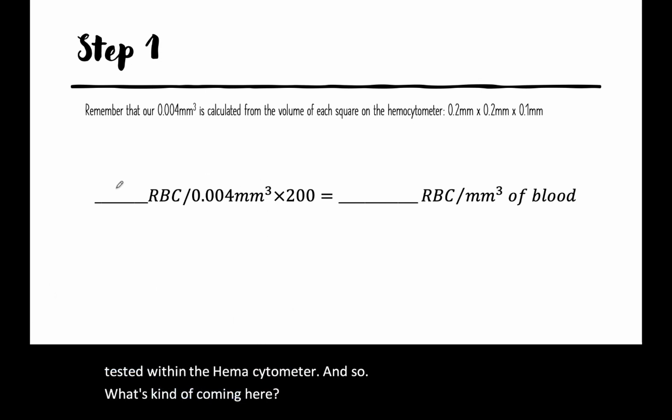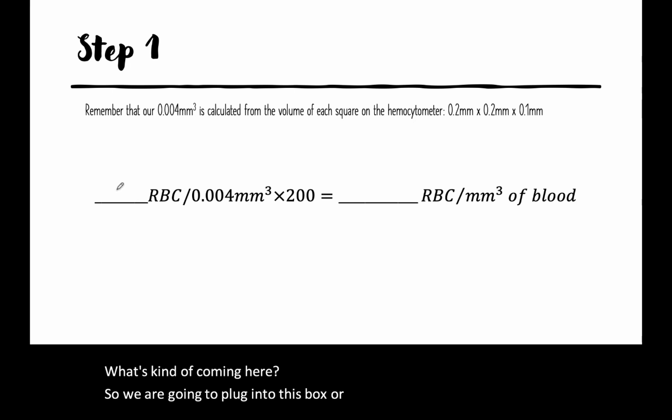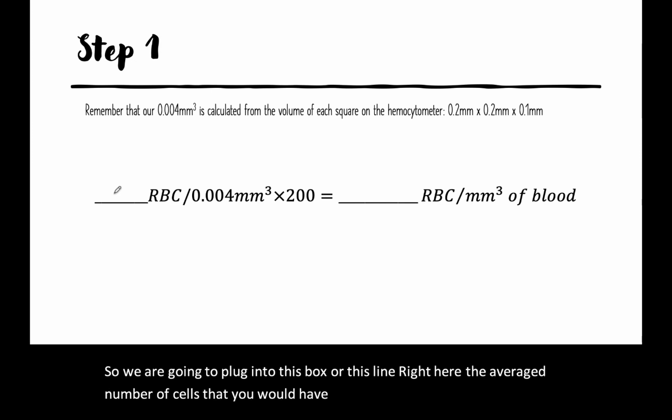So we are going to plug into this line right here the averaged number of cells that you would have calculated by counting those 5 squares.